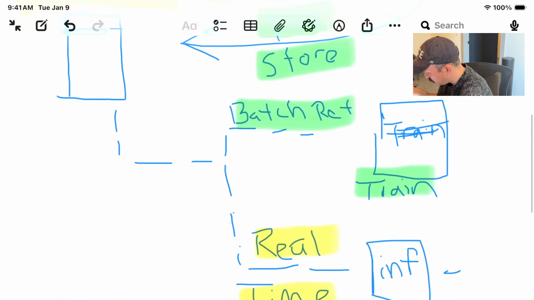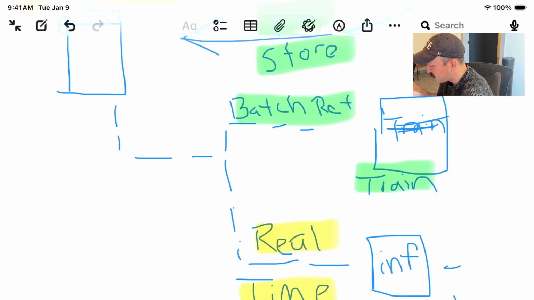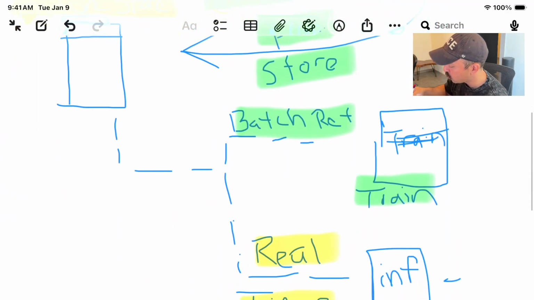Another thing to note is that inference and training, offline and online, are about timing. Training has all the time in the world, and inference doesn't have any, really, because it has to happen in real time. The other thing is that we always work with one store, in this example at least. There's one store, and then we have two access patterns.